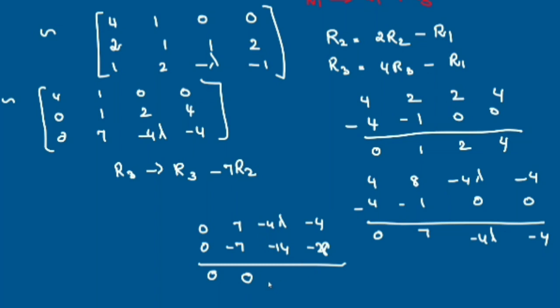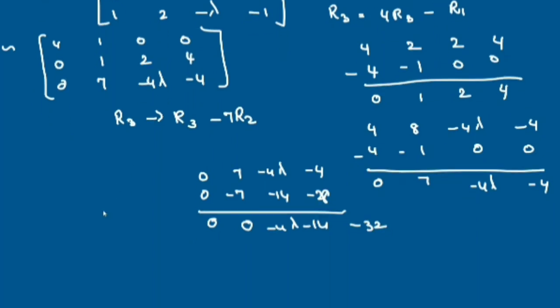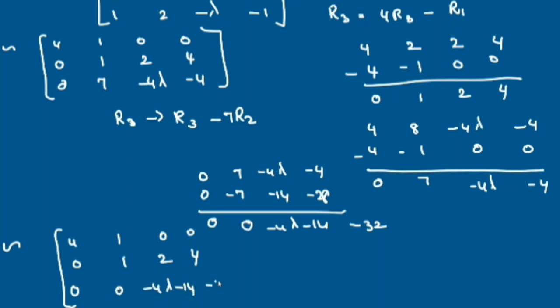So this will become minus 4 lambda minus 14, and this is minus 32. So this matrix will now change to 4, 1, 0, 0. Second row 0, 1, as it is. Third row is now changed: 0, 0, minus 4 lambda minus 14, minus 32.